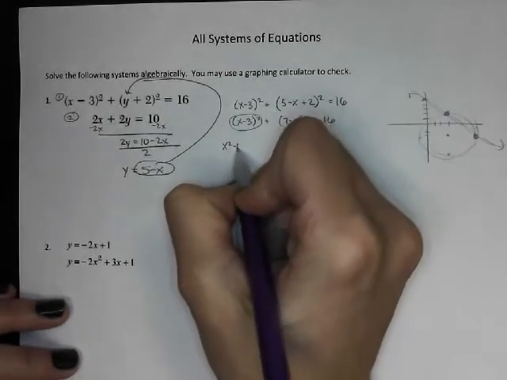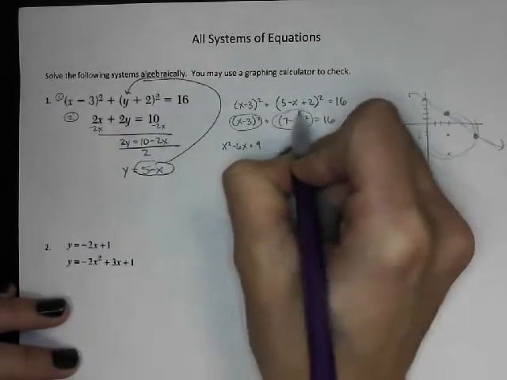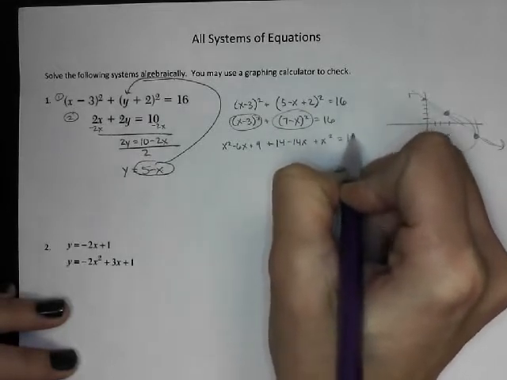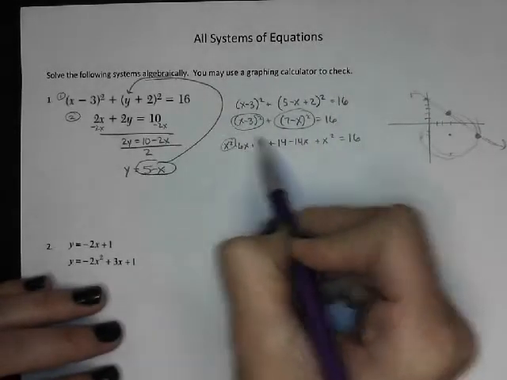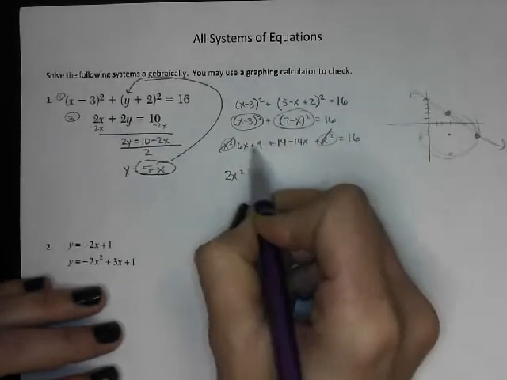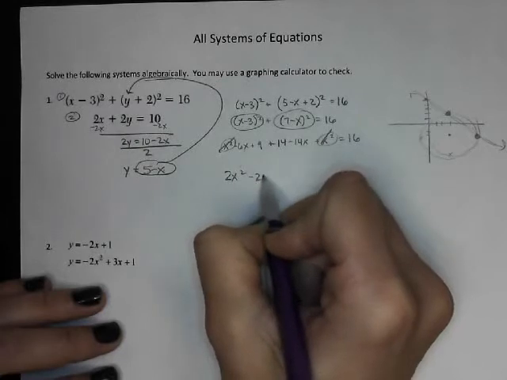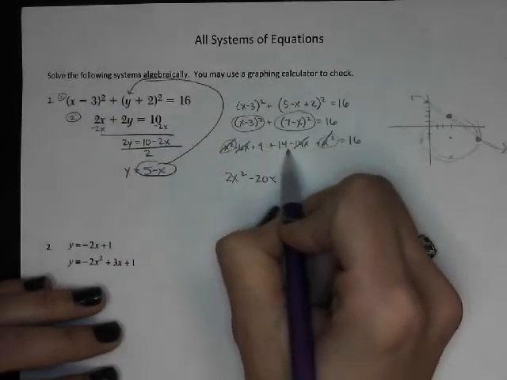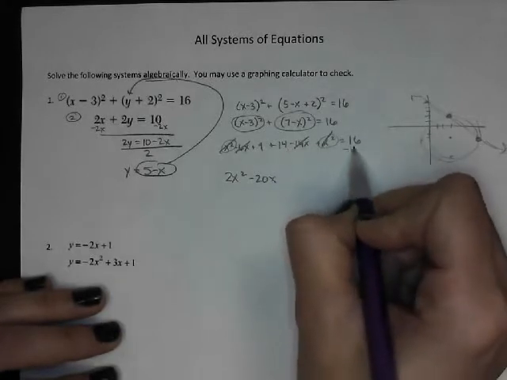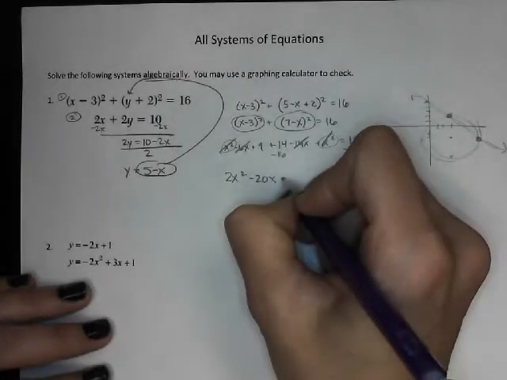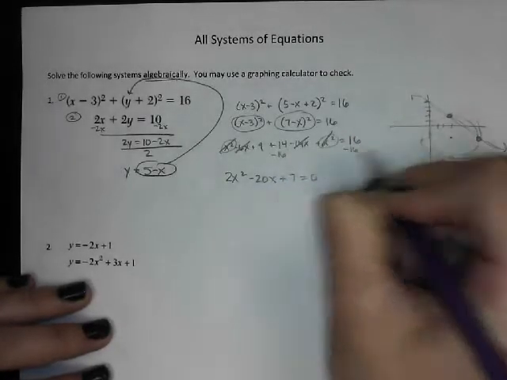Square this out. Square this out. Get everything equal to 0. So on my left-hand side, I've got 2x². I've got minus 20x when I combine the x's. And then 9 plus 14 is 23, but I'm going to subtract a 16 over, and 23 minus 16 is 7.